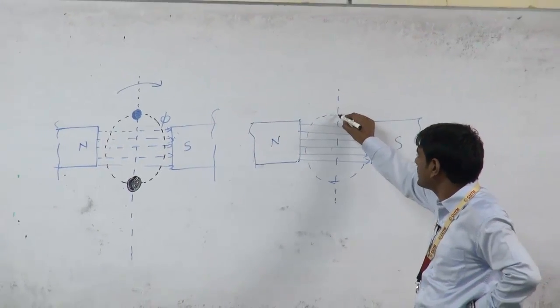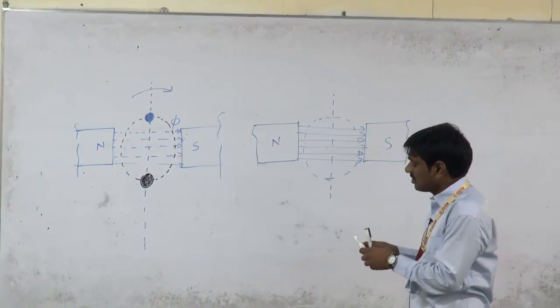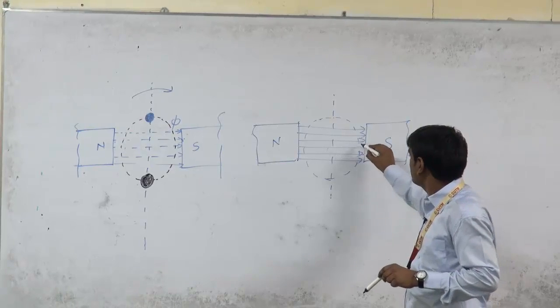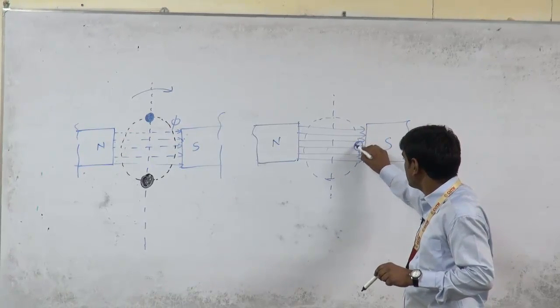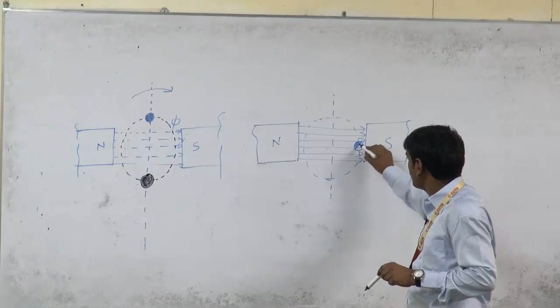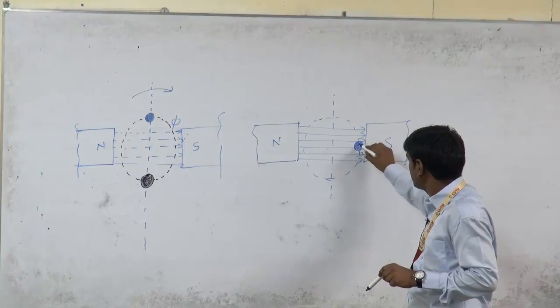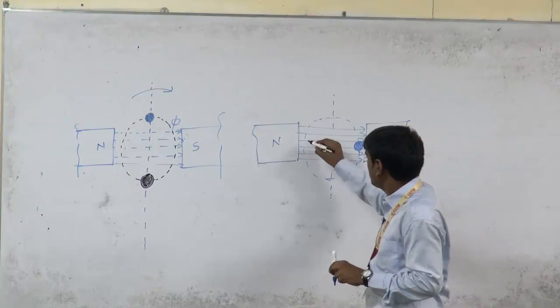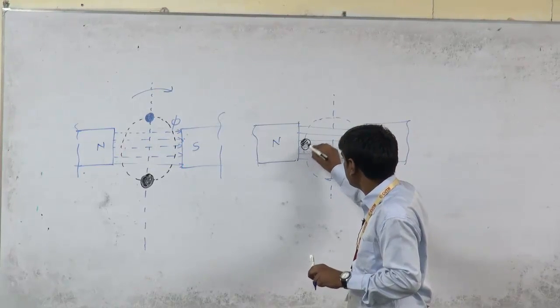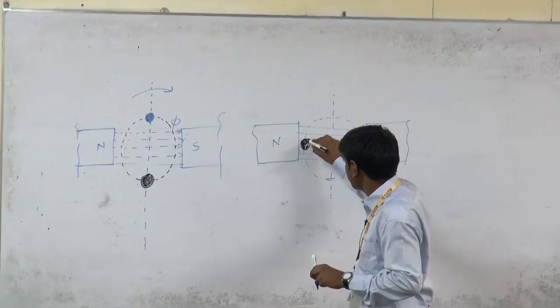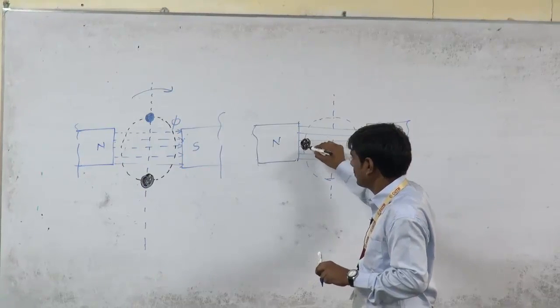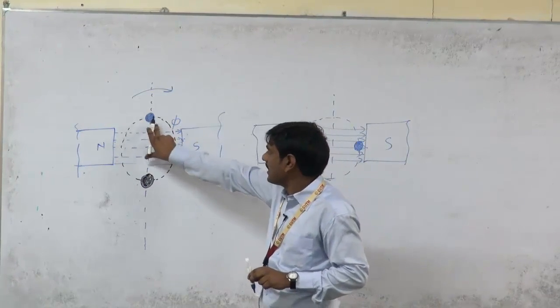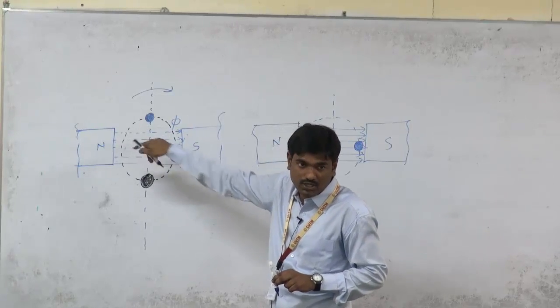So when it rotates 90 degrees, the conductor which is in top position will be here, and this is the conductor which is in bottom. Okay. So now the coil makes a 90 degrees rotation.